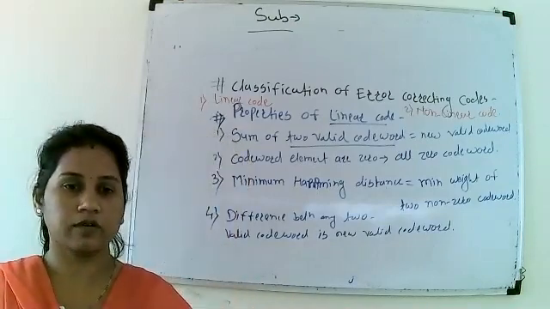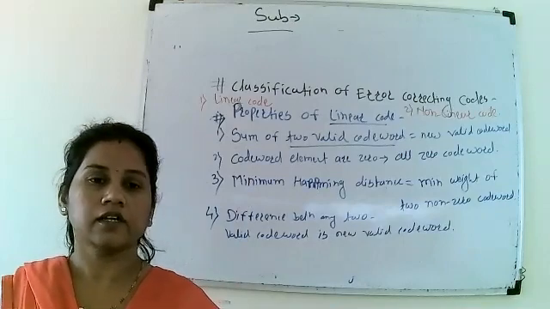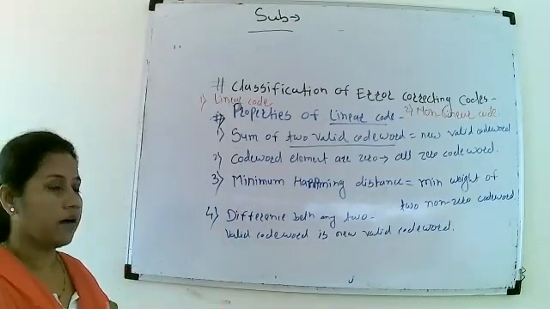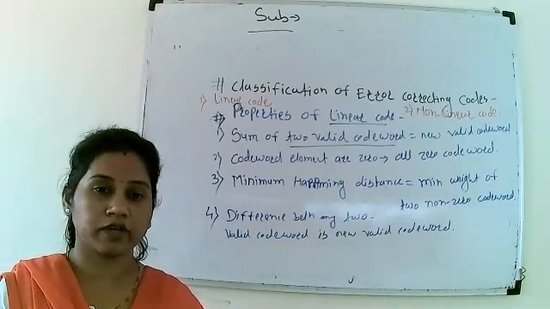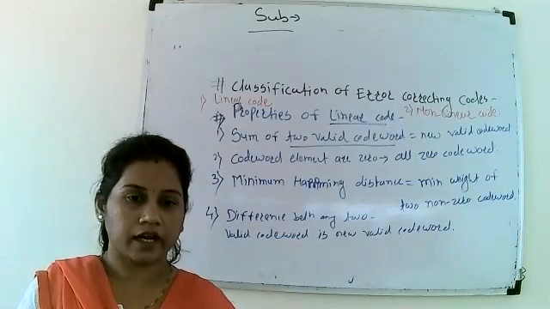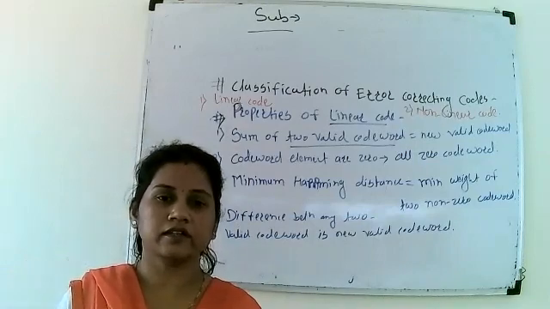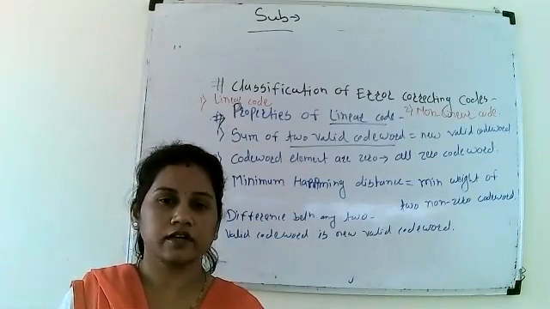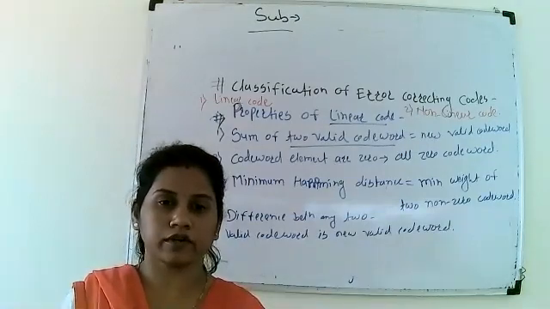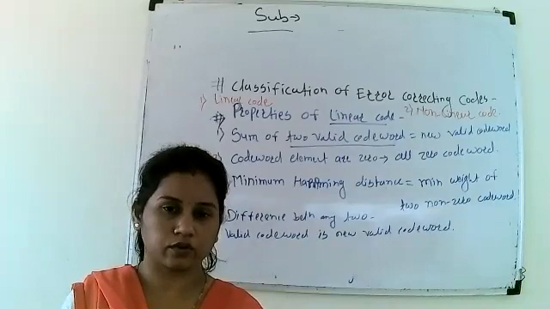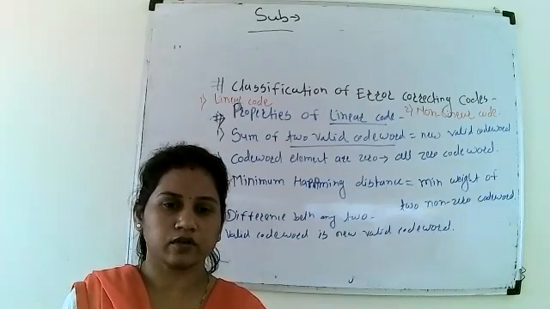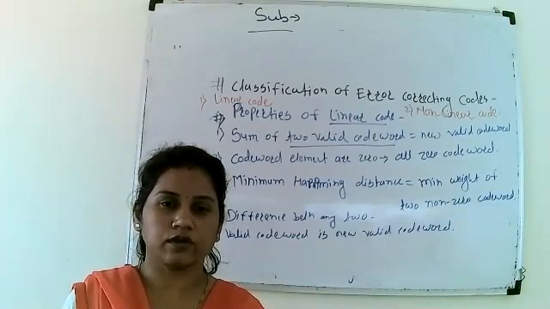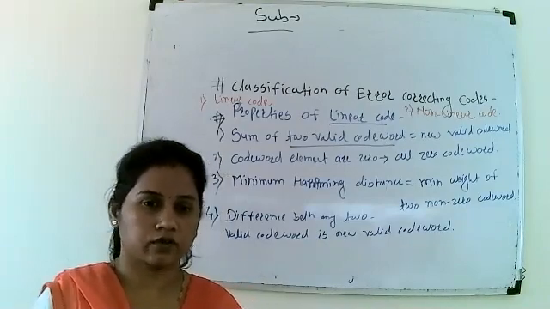We have a very important property regarding the linear code: when the sum of two valid code words, the addition of two valid linear code words, generates a new valid code word, then and only then we say that the code is a linear code.